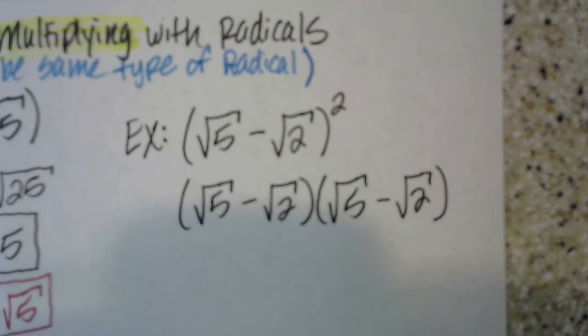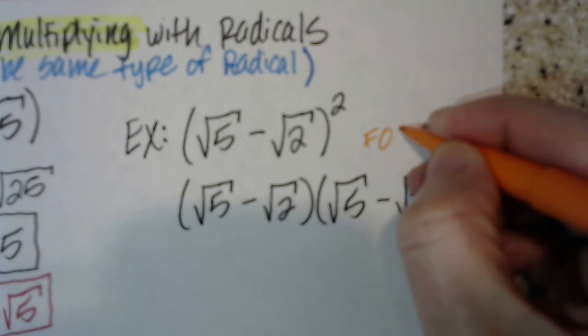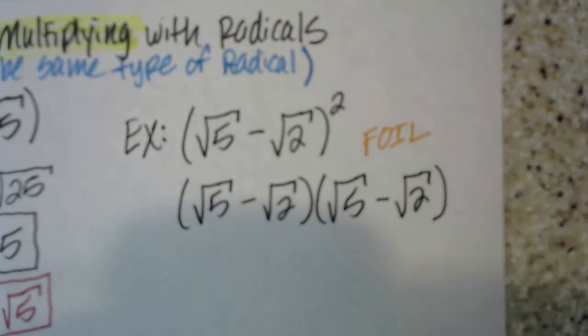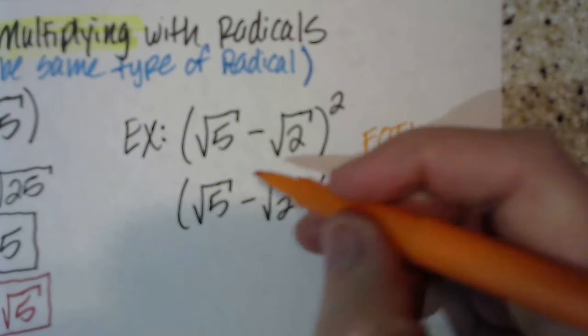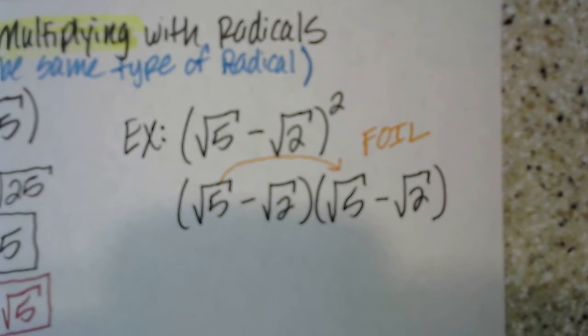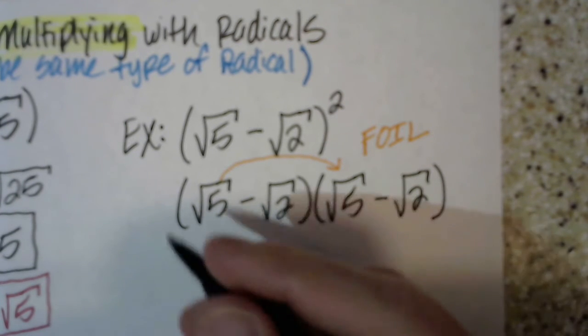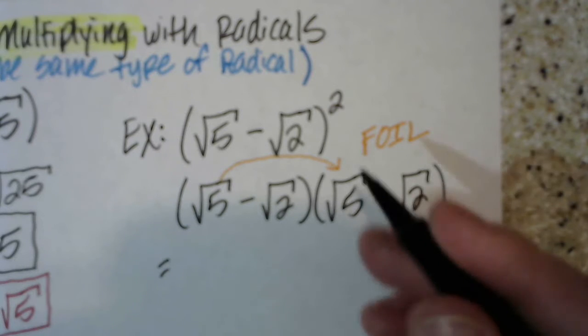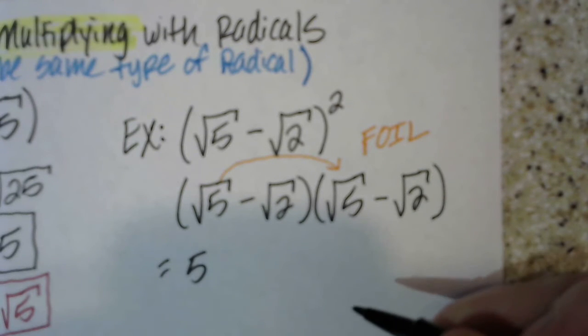Some of you may remember us talking about FOIL, first, outside, inside, last. So that means it's going to be this quantity, square root of 5 times the square root of 5, which we just learned in the previous example. We know that's just going to be 5.